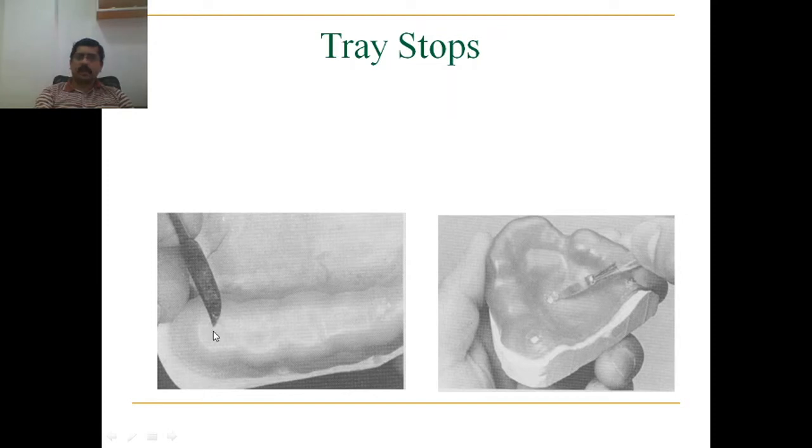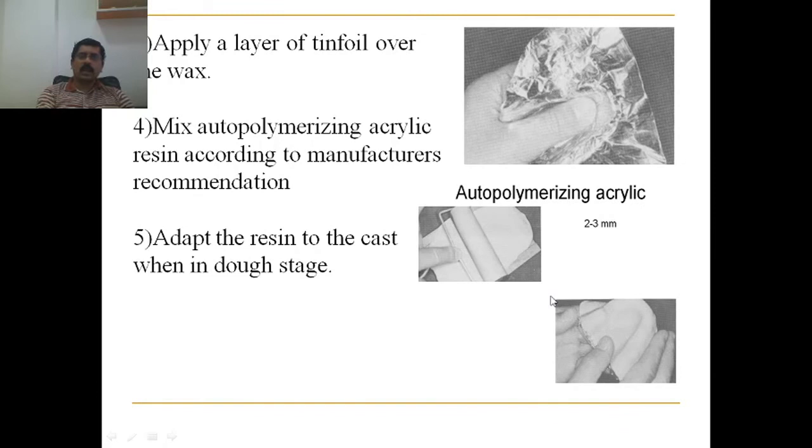We can prepare tray straps. You can see the tray straps are prepared here. Now apply a layer of tin foil over the wax. Now we can mix the autopolymerized acrylic resin according to the manufacturer's recommendation. It can be done either by the salt and pepper method, or by using the dough method.